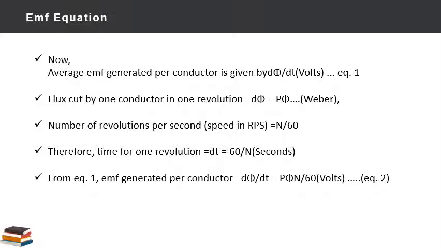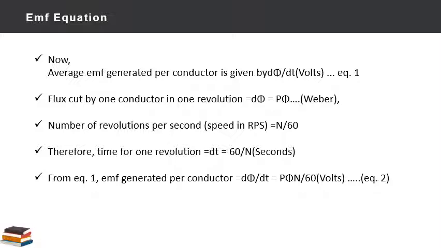The flux cut by one conductor in one revolution is d phi equal to P phi in Weber. The number of revolutions per second, speed in RPS, is equal to N by 60. Therefore, time for one revolution is dt equal to 60 by N seconds.